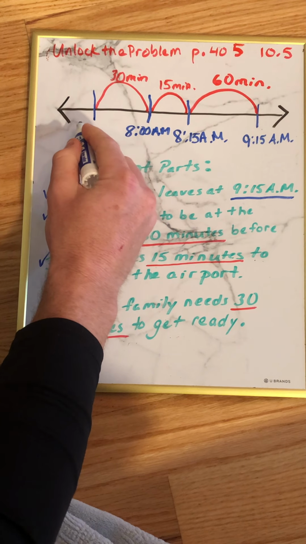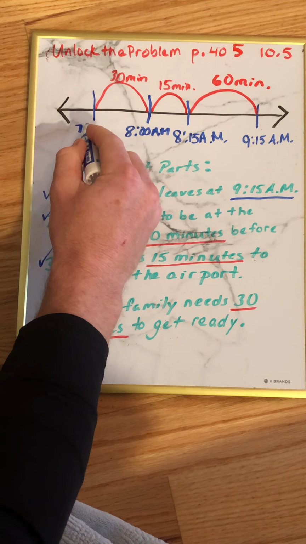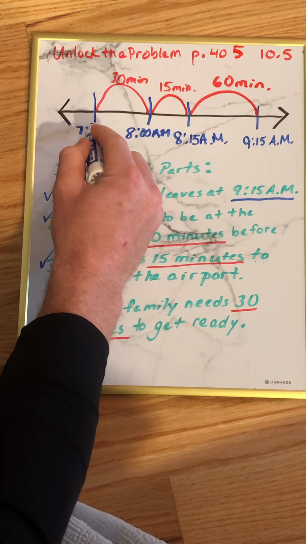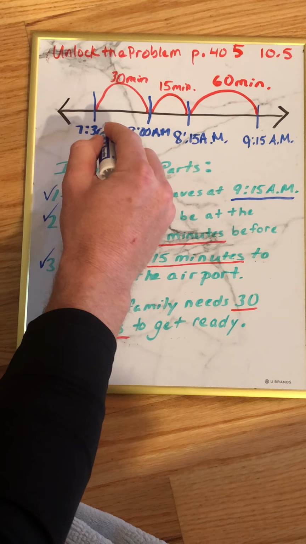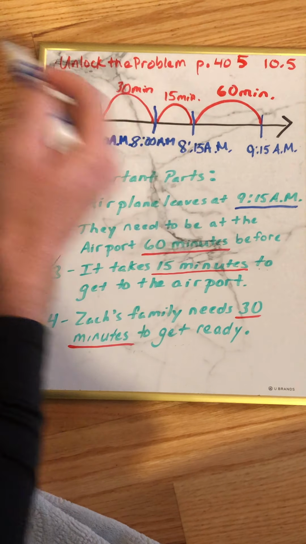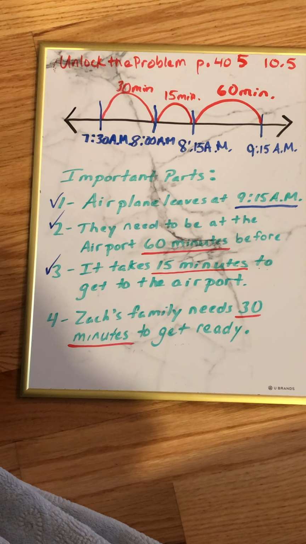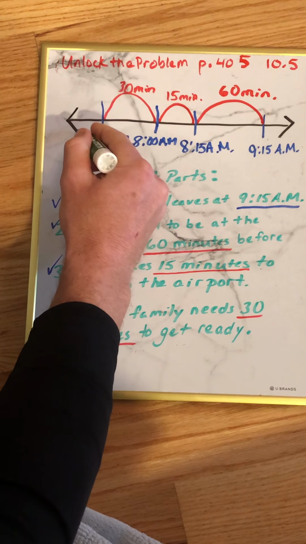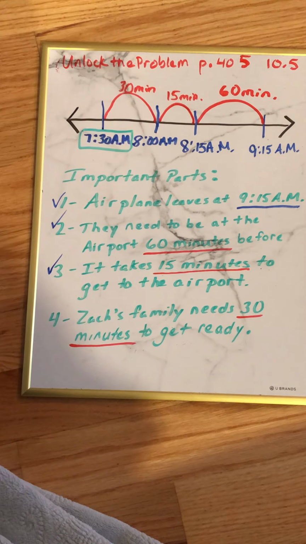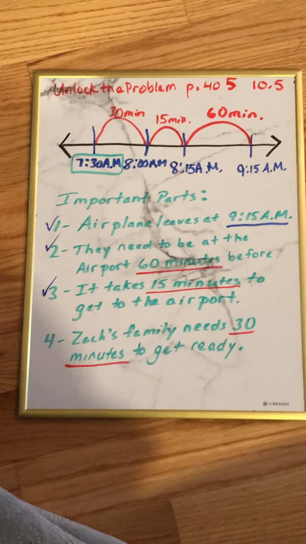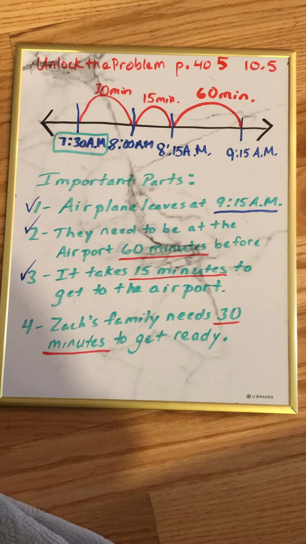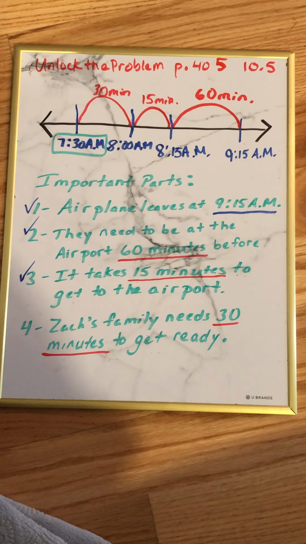Hopefully you guys had enough time to make your prediction or make your guess. If we jump back 30 minutes from 8 a.m., we would jump back to 7:30 a.m. Now, I'm going to box this because I want to revisit the question from the Unlock Your Problem. It says, at what time should Zach's family start getting ready?